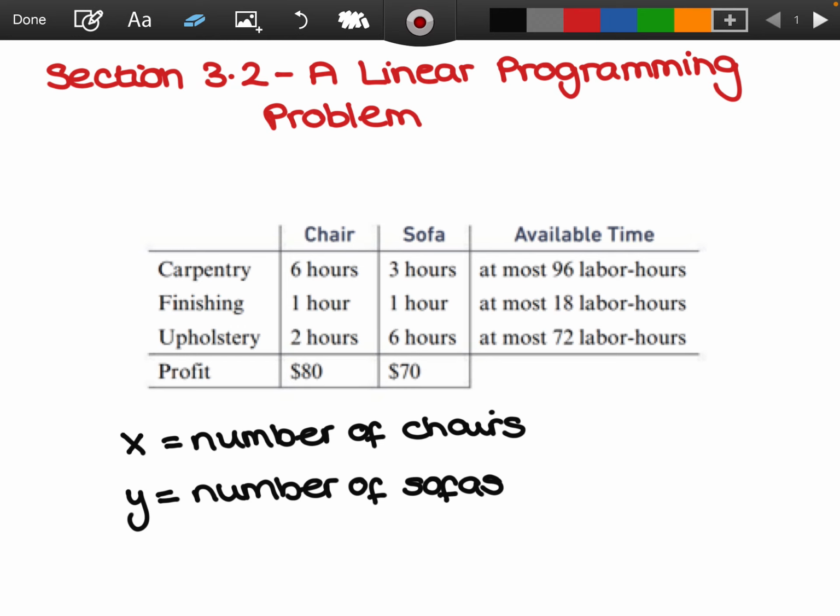So what we want to do is maximize our profit subject to these constraints on the number of hours we can spend on carpentry, finishing and upholstery. In order to maximize that profit, how many chairs and how many sofas should we produce in any one day? That's the question.